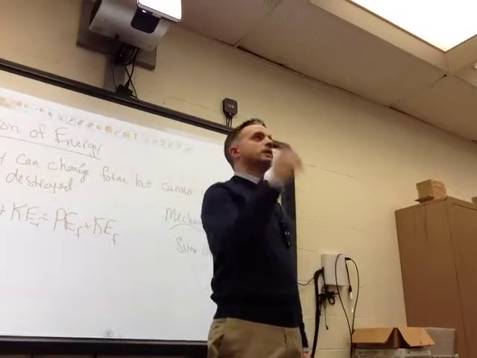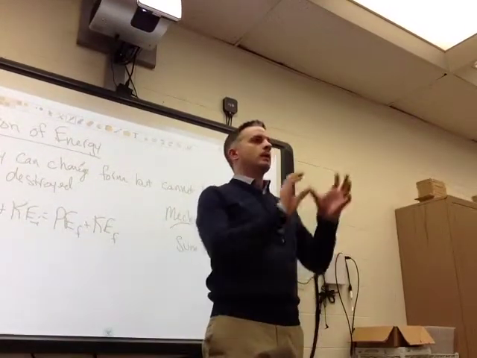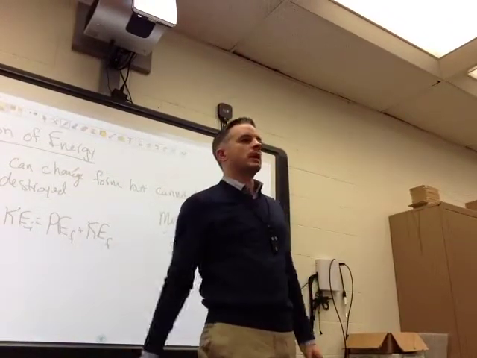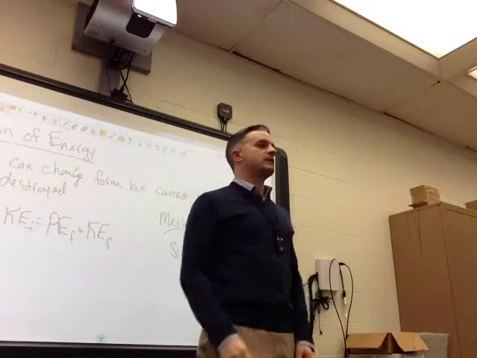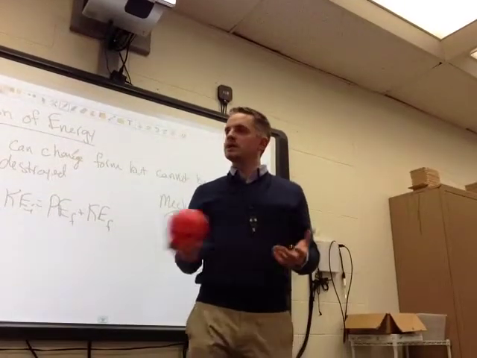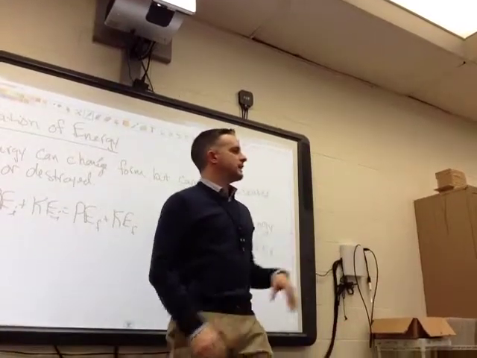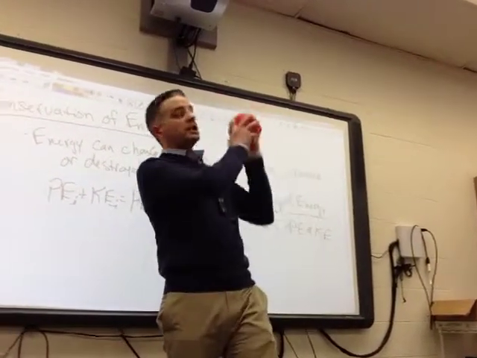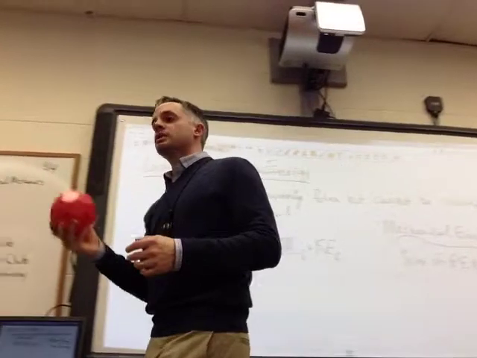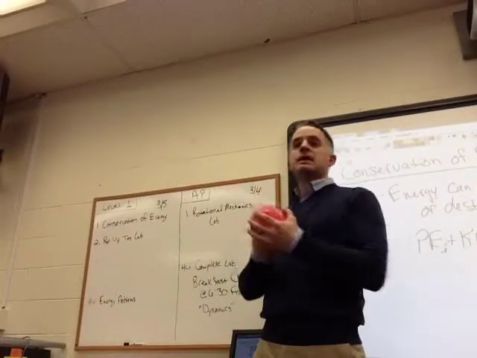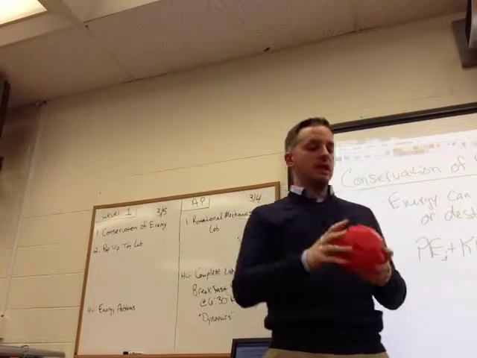The potential is changing because it's going up and down as it travels. What about its speed? Yeah, its speed is changing too. So when I throw the ball, the kinetic changes at the same time that the potential is changing. That makes sense, right? Up and down and speed's changing at the same time.